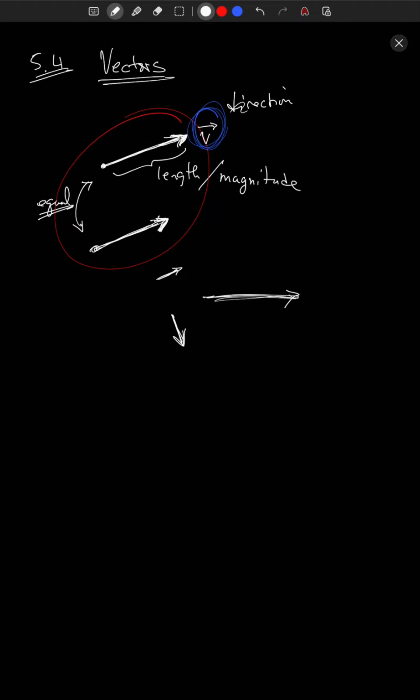So we have a vector V here, and this one we said is pointing in the same direction and has the same length, so this one is also V. All these other guys are different, so let's give them names. Maybe I call this one W, this one U, and this one S. These U, W, and S are all different from V and from each other as well.